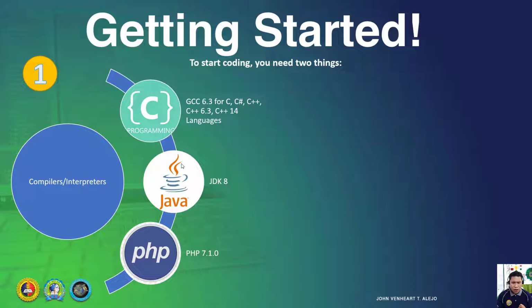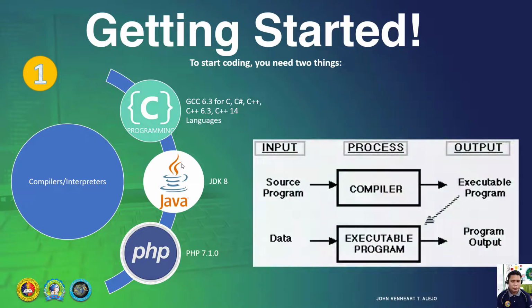So, what is the use of a compiler? For Java, it is the JDK, Java Development Kit 8, and for PHP, 7.1.0. Those are the compilers and interpreters. I know you already discussed it in your class previously last semester, but we will elaborate on it now.